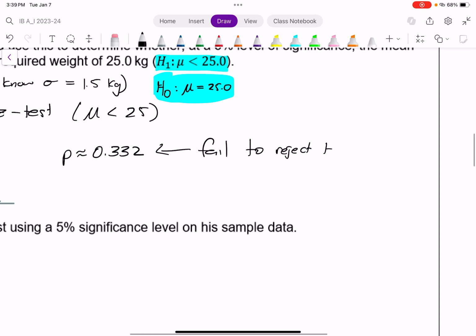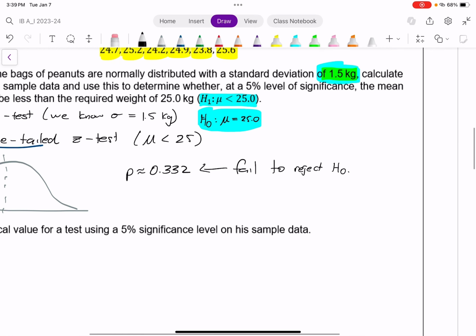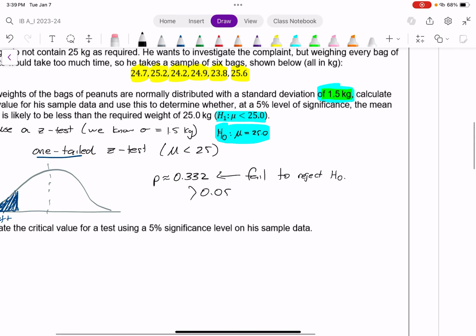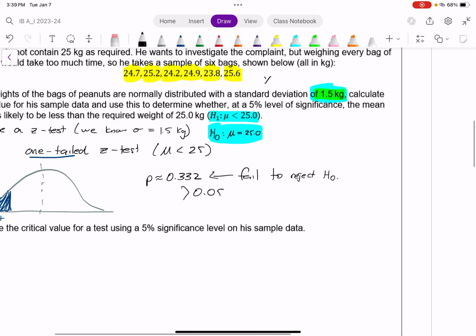Fail to reject H naught because this is far greater than 0.05. Other than that, I will just make one little comment. We look at the stats for this sample, and the mean of the sample is approximately 24.7 kilograms.